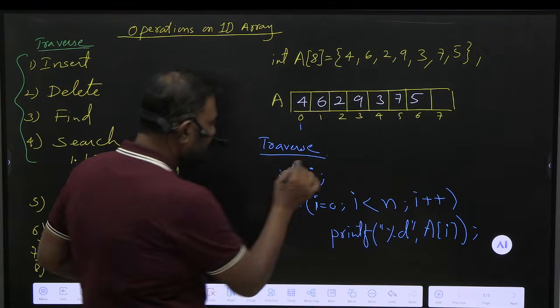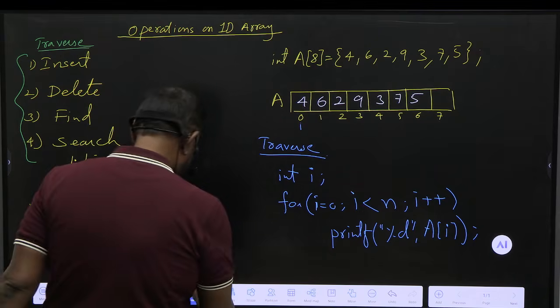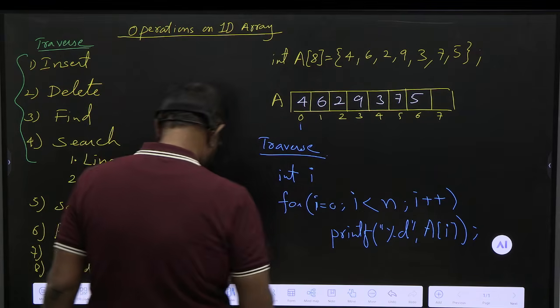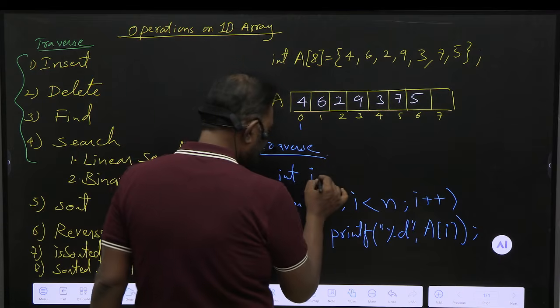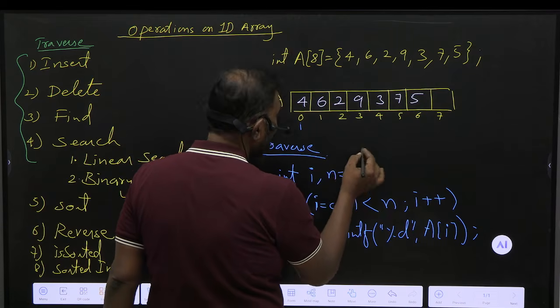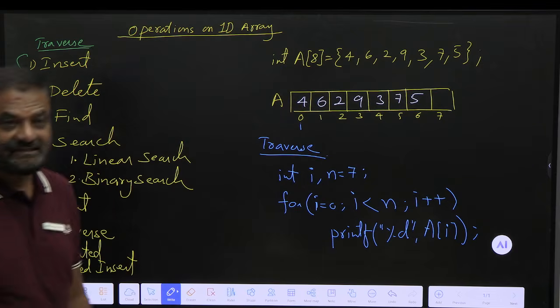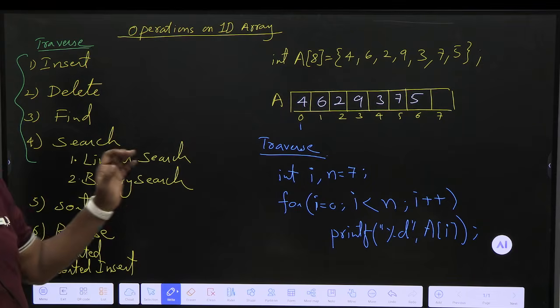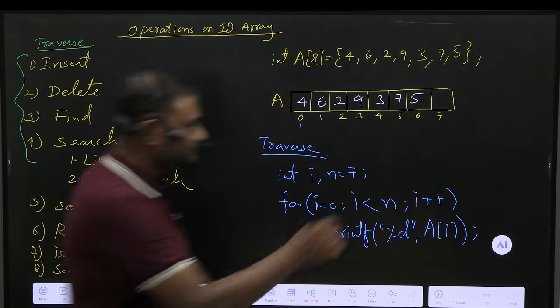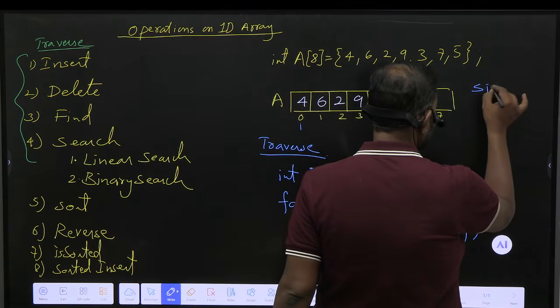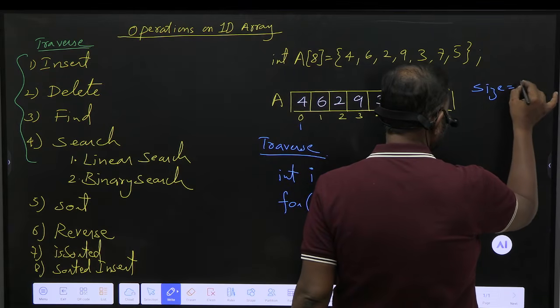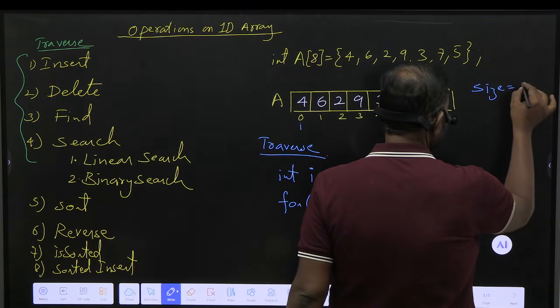Now if you want to define n also, then you can take it here. n is how much? You have how many elements? 7 elements. Right now you have 7 elements. The size of the array is 7. Sorry, size of the array is 8.